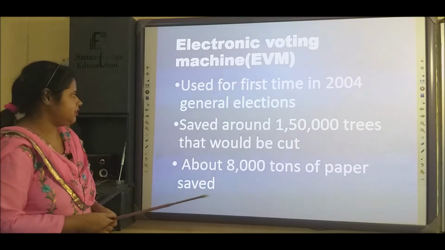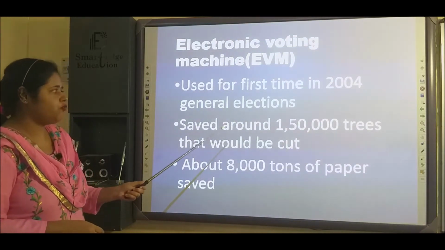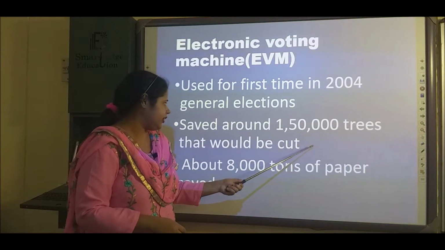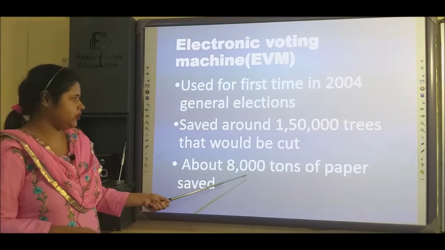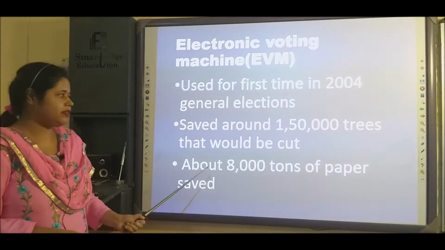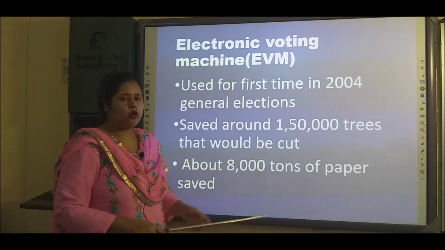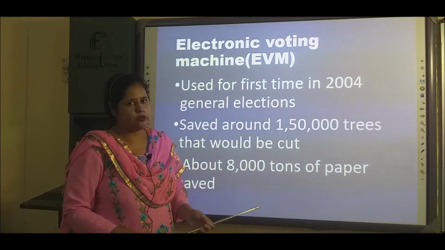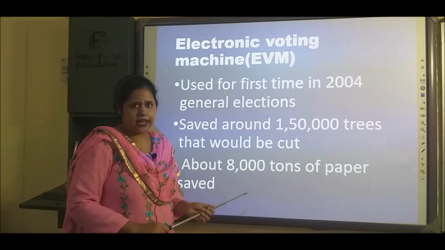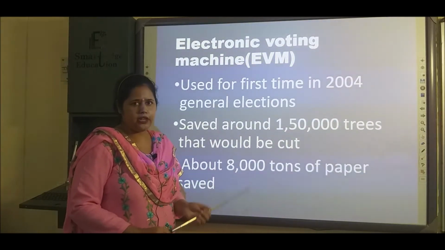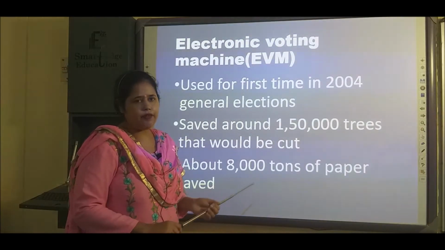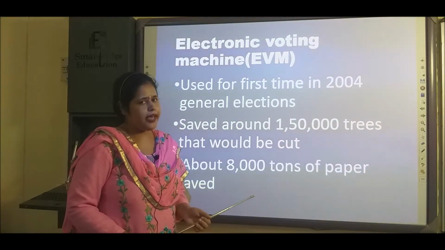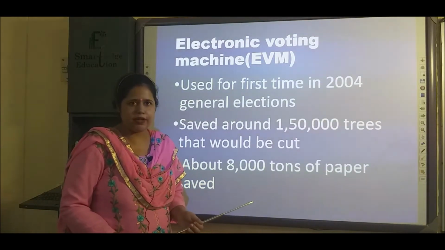It saved around 1,50,000 trees that would have been cut, and about 8,000 tons of paper was saved, because before using EVMs we were using paper. In that case, most of the trees were cut and paper was used, but by using EVMs we saved our time and paper or trees as well.